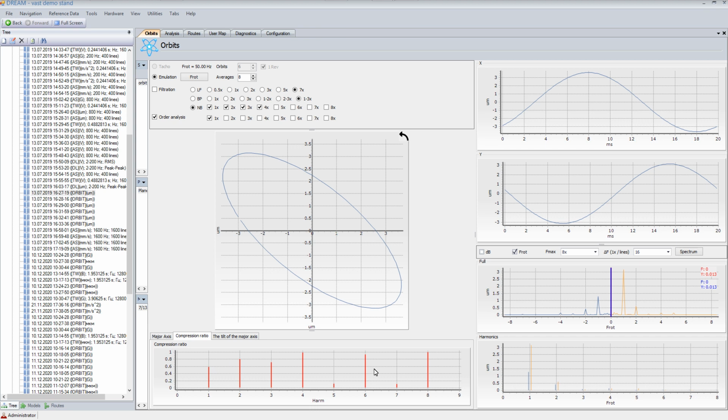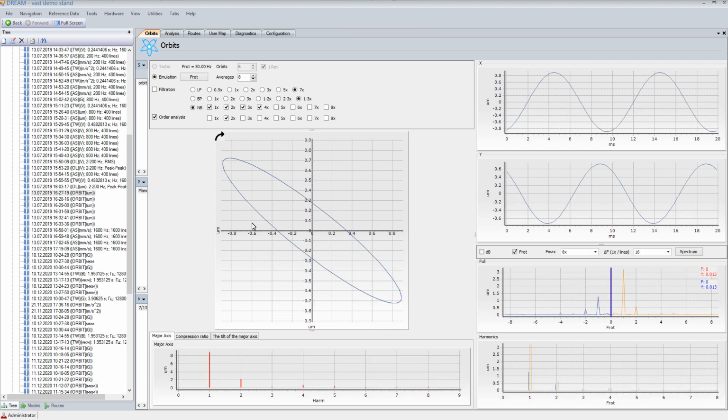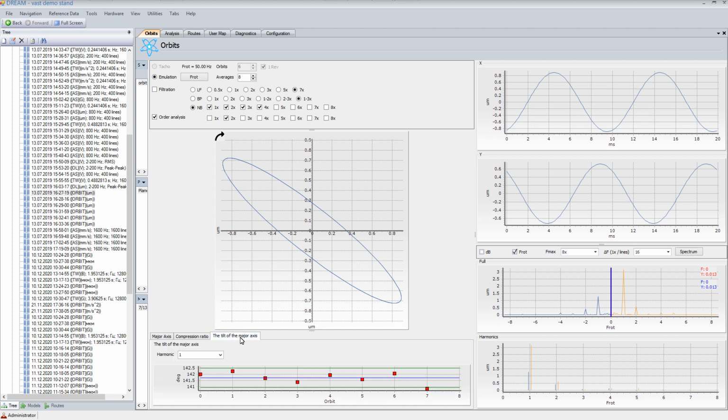What else do we have? We have the tilt of the major axis. This is the angle between the major axis and the x-axis and how it develops in time. So for example, here we see it with 8 spectra; you can add maybe some more.